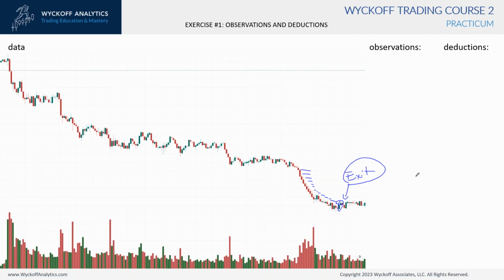And at this point, let me ask you this question. Would we partially trim or would we exit completely? What do you guys think? Trim.